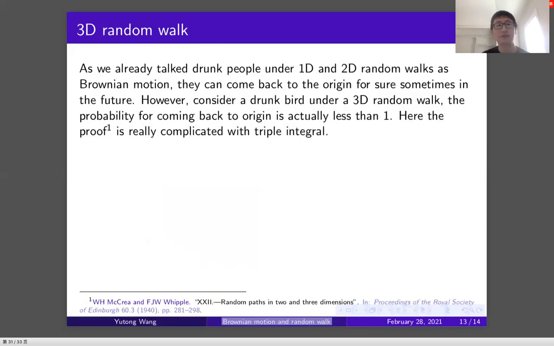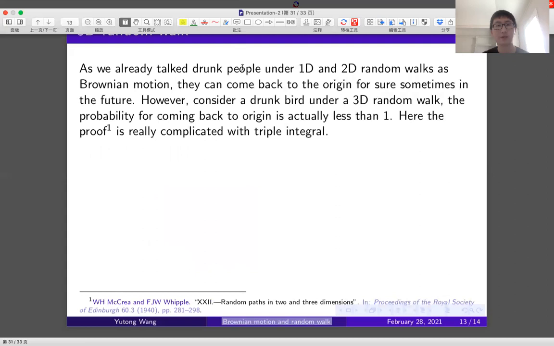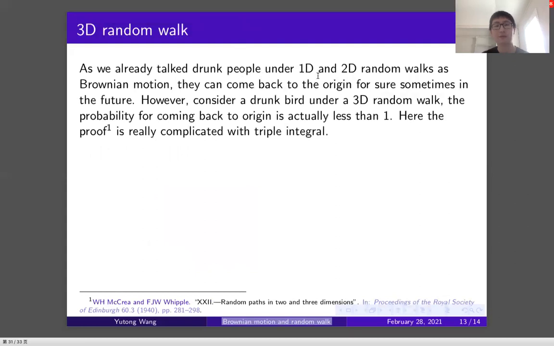Okay, for the 3D random walk, as we already talked about the drunk people in the 1D and 2D random walk, we know that there are infinite times they can go back to the original point. However, the 3D model is much more complicated, because you have x, y, z.